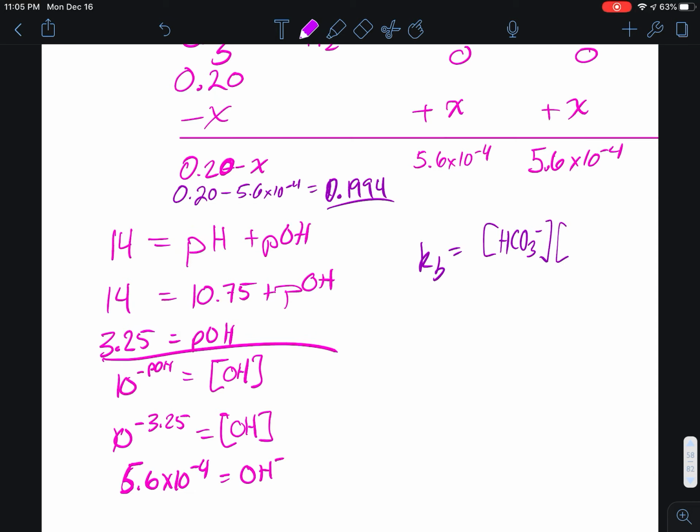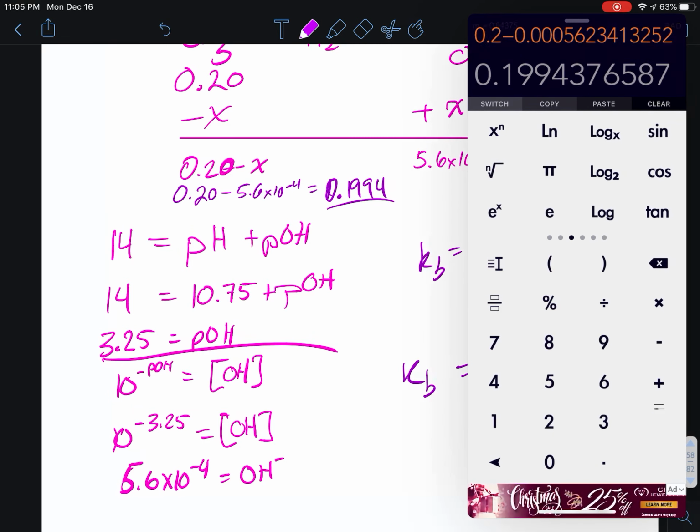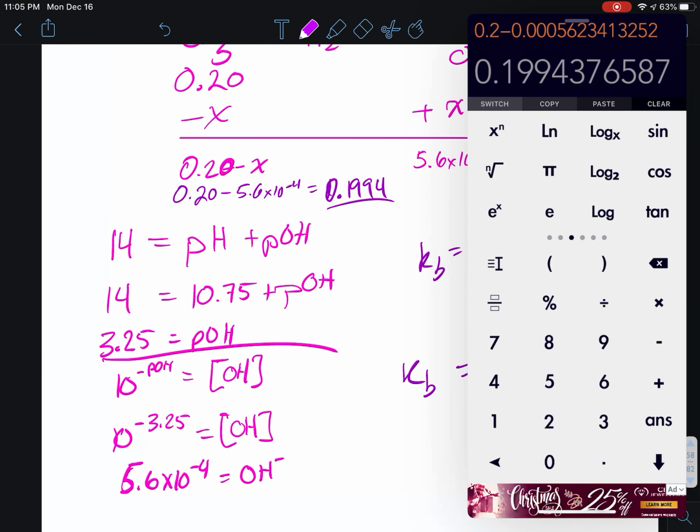So the Kb expression is HCO3- times OH- divided by CO3 2-. Okay, and so I take my 5.6. If you're really lazy, you can just realize that both those numbers are the same, so they can be squared. And this exact concentration on the bottom, and that will give us our Kb.